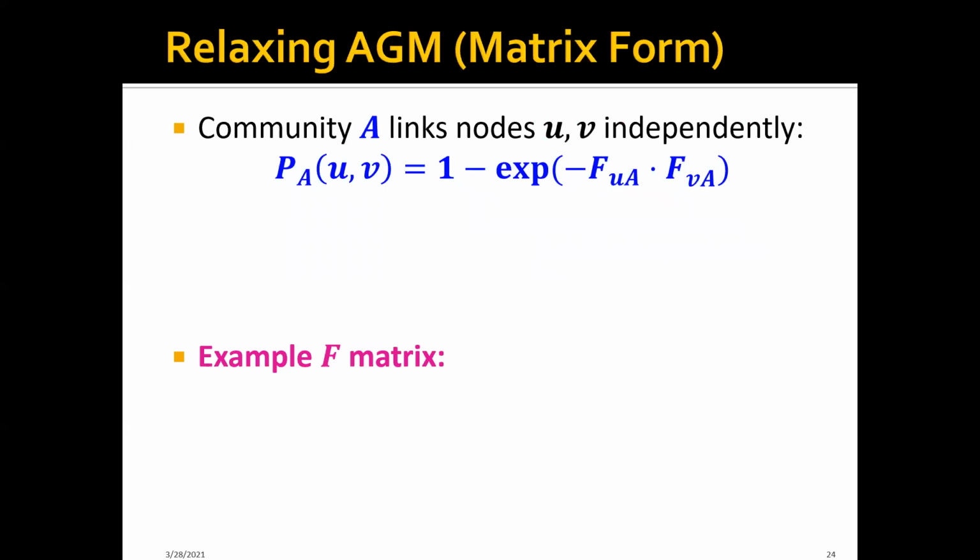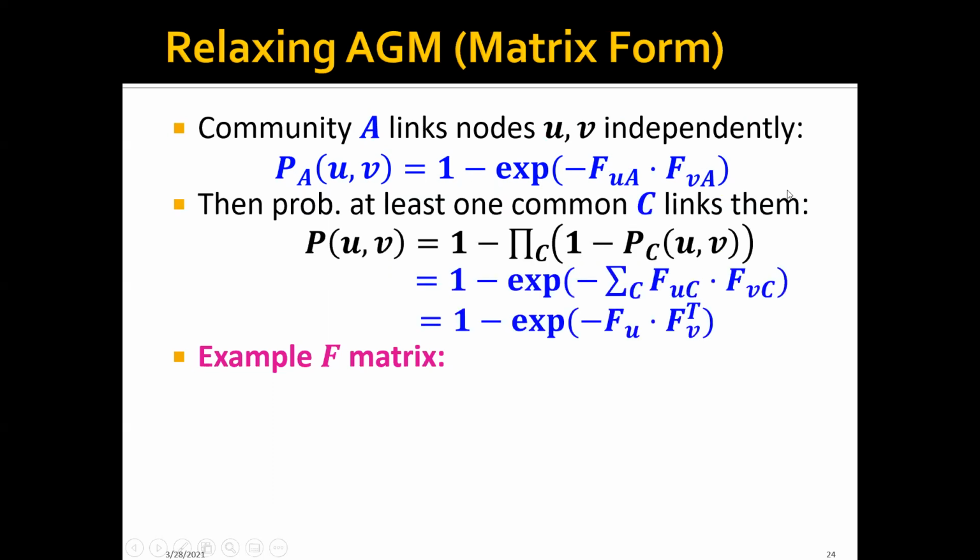Remember that community A links the nodes u and v independently. So the probability of them being linked together would be 1 minus the exponential of minus the inner products. Then the probability that at least one common community C links them will be 1 minus the product of this. Note that this P_C(u,v) is equal to this equation.